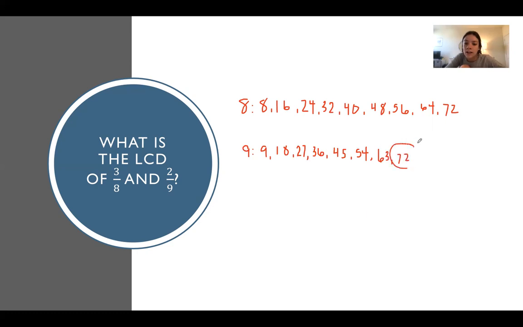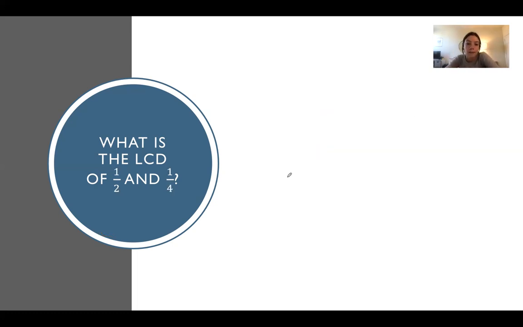So again, here our least common multiple is going to be just 8 times 9, which is 72. And sometimes that'll happen, but sometimes there will be numbers that are smaller that both go into.